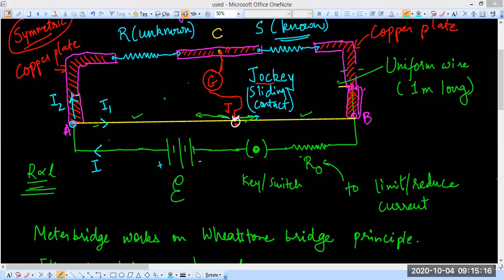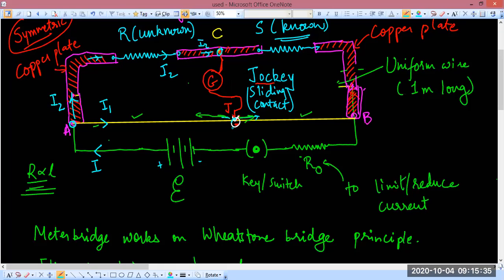Okay. So from here there are two branches, so this current I2 will flow all the way through this resistor. Now look at C to J. Do you realize that this is actually a cross connection, a bridge between two branches?